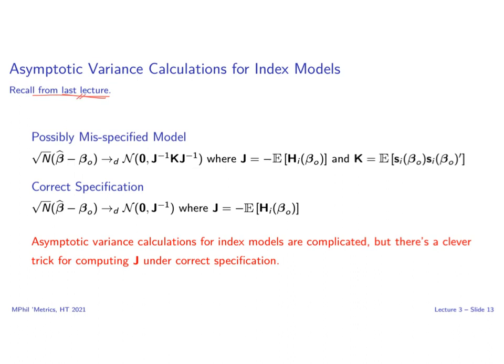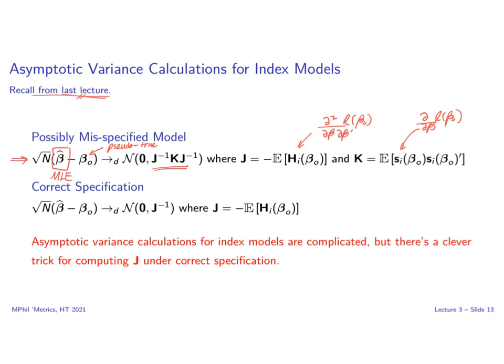Recall that for a potentially misspecified conditional likelihood model, the MLE beta hat is consistent for beta naught, the pseudo-true parameter value, and is also asymptotically normal with variance covariance matrix J inverse K J inverse, where J is defined as the minus expected value of the Hessian matrix evaluated at the pseudo-true parameter value beta naught, and K is defined as the expected value of the outer product of the score vector evaluated at beta naught as well.